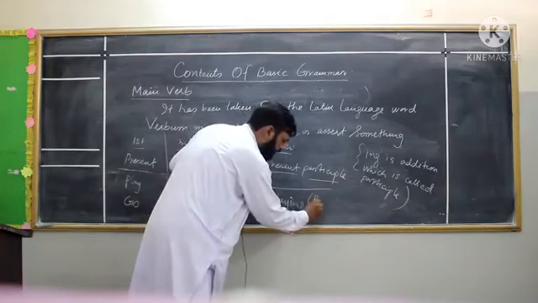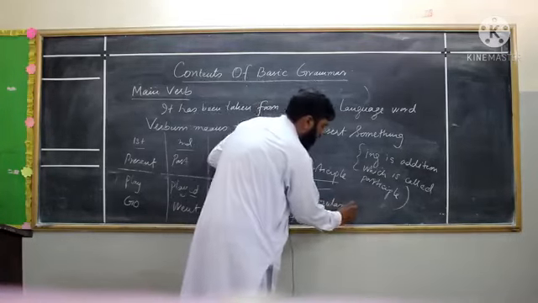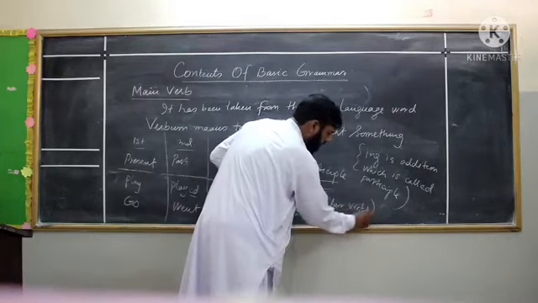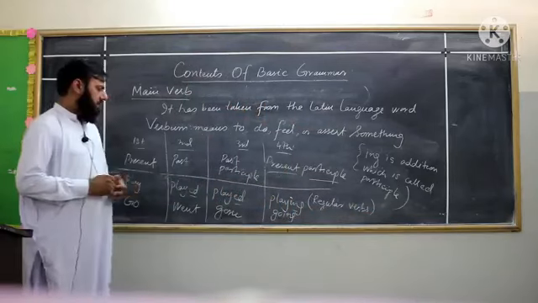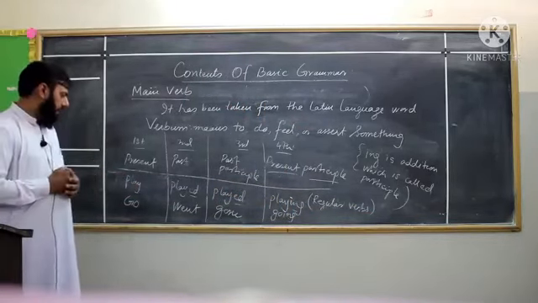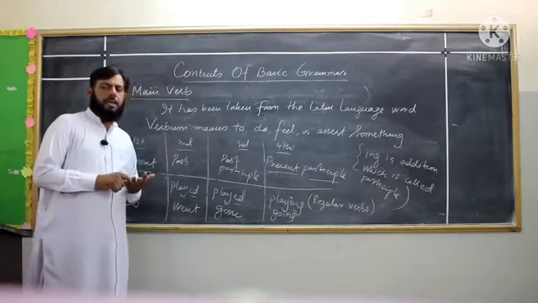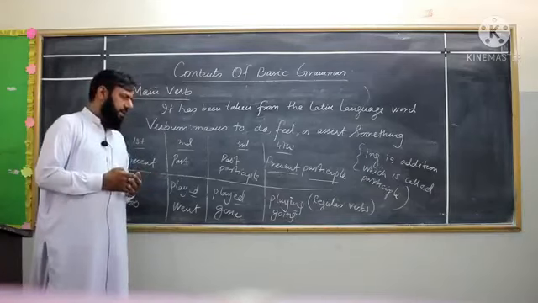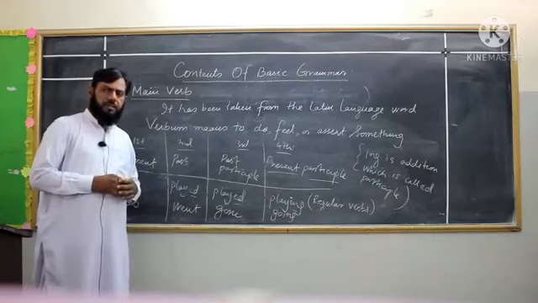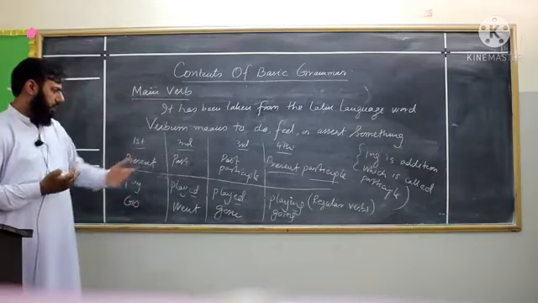These are called regular verbs, because when you need the second and third form, you can easily make it. You don't have to make a great effort. Just add ed. There are so many examples as well. Arrive, arrived, arrived. You can say return, returned, returned. We're just adding ed for the second and third form. So these are called regular verbs.